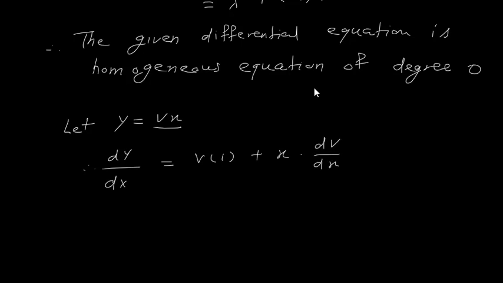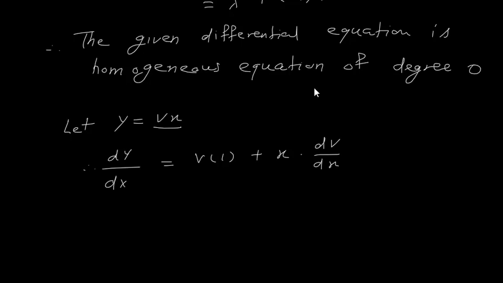So first understand this. We have considered y is equals to vx. Then we use the standard practice of differentiating a function. So dy upon dx will become v into derivative of x, which is 1, plus x into derivative of v, which is dv upon dx.